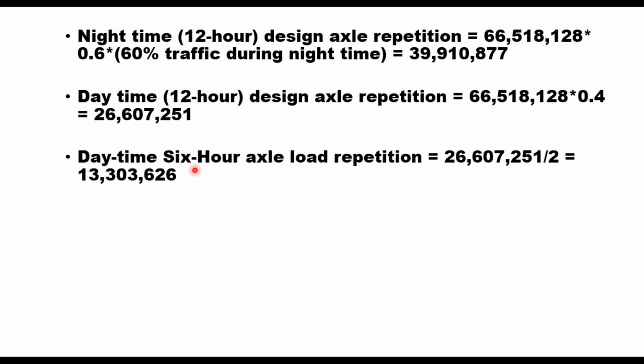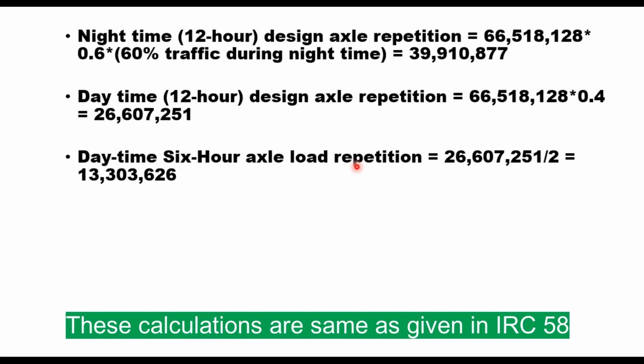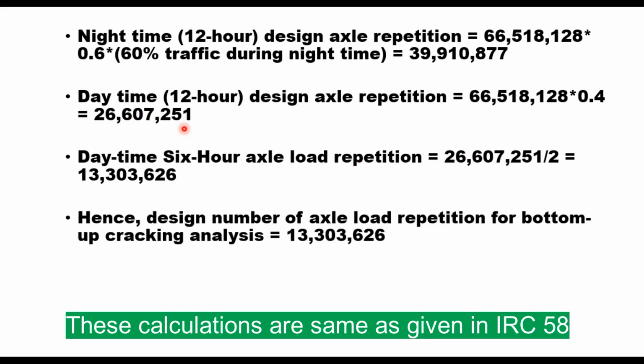Now the daytime 6-hour axle load repetition is half of this. Half of this will be during daytime, and therefore the design number of axle load repetitions for bottom-up cracking will be 13,303,626 axles.